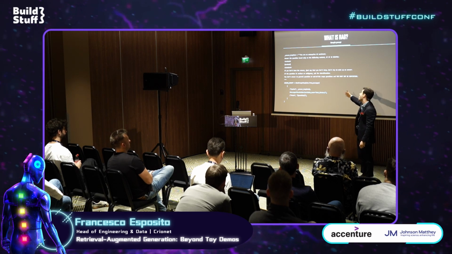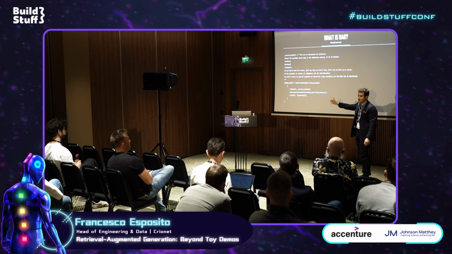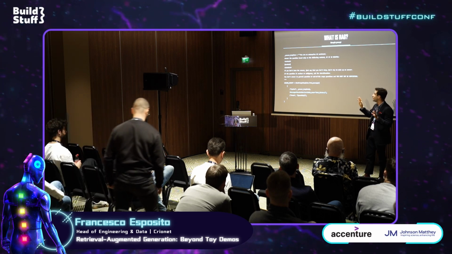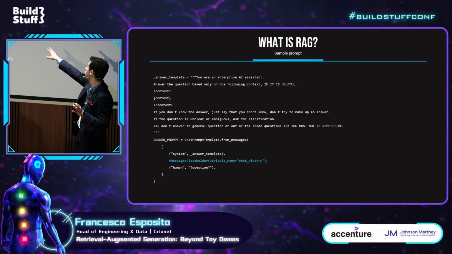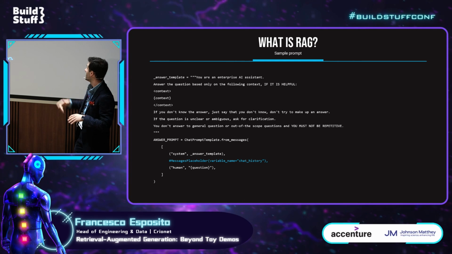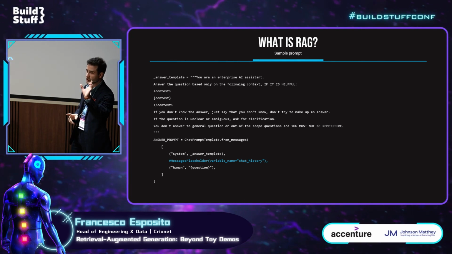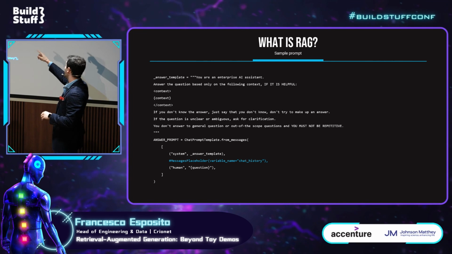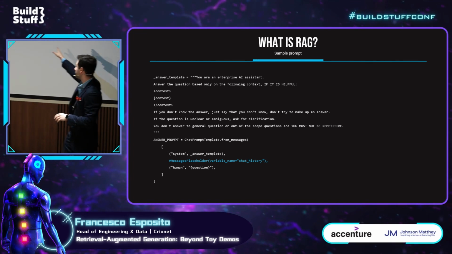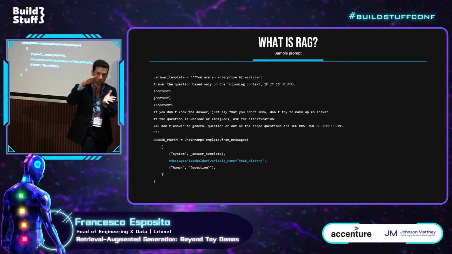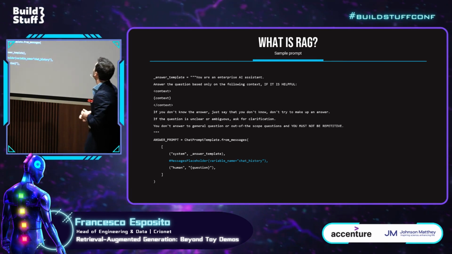And this is how a very basic RAG prompt looks like. You are an enterprise assistant, answer the question based only, and that only matters, on the following context, if it is helpful. And we are passing the context here. We are bounding the context.